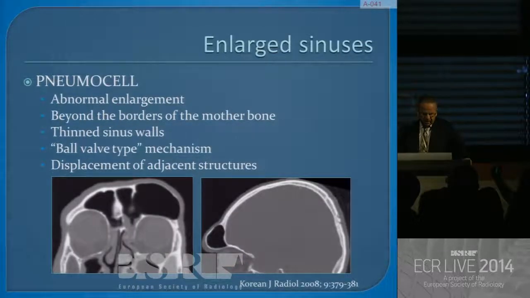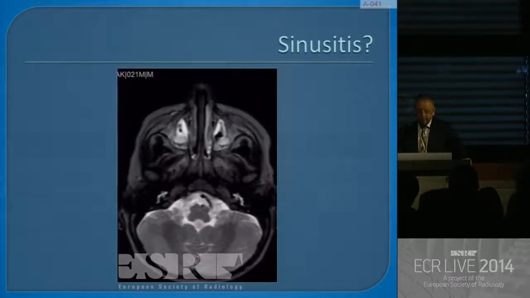If the sinus grows beyond the borders of the mother bone with thin sinus walls, then that is called pneumocele. In this situation, the sinus may cause displacement of the adjacent structures.